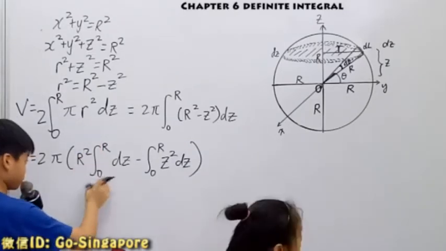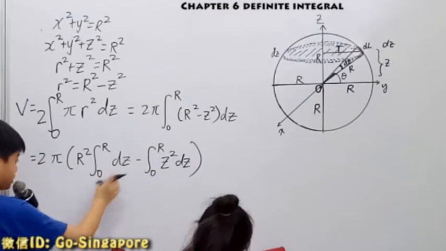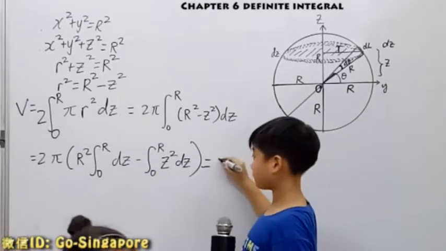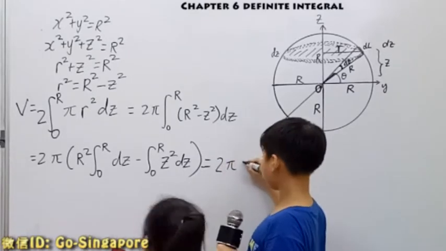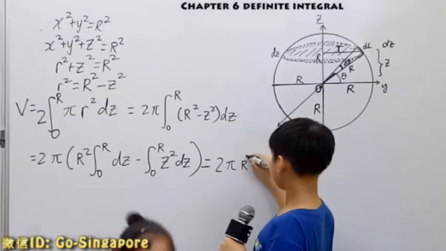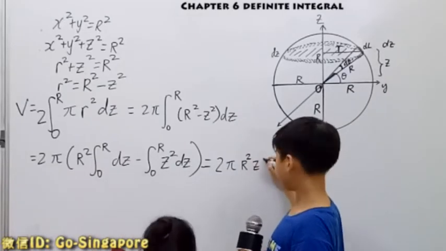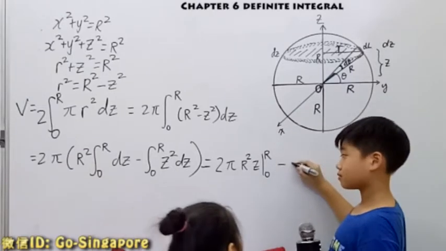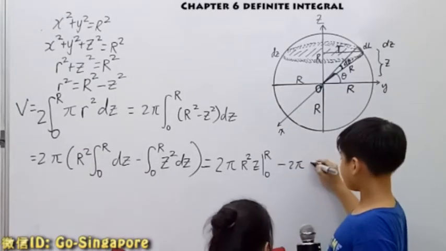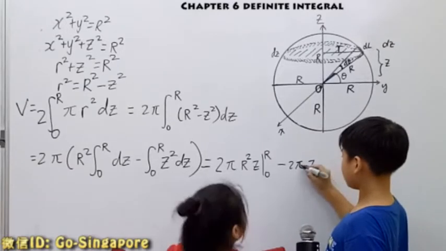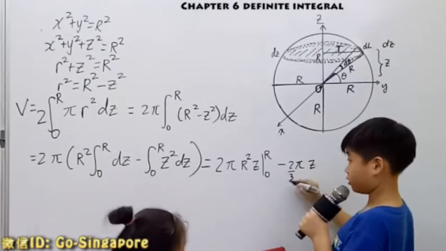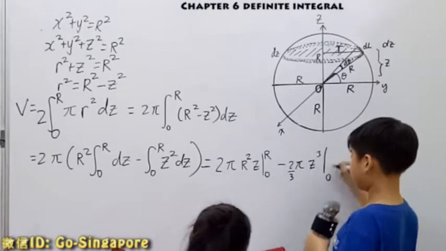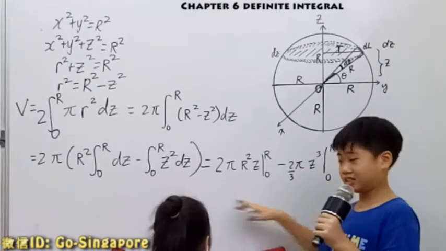Here you have the R square, and inside here will be the dz, right? So here, because that becomes a z cube, in front here we need to have an over 3. And remember, this is actually just integration right now.